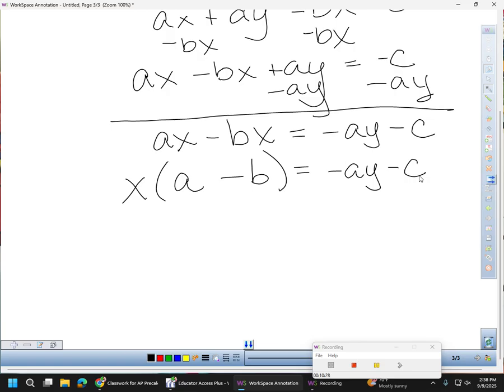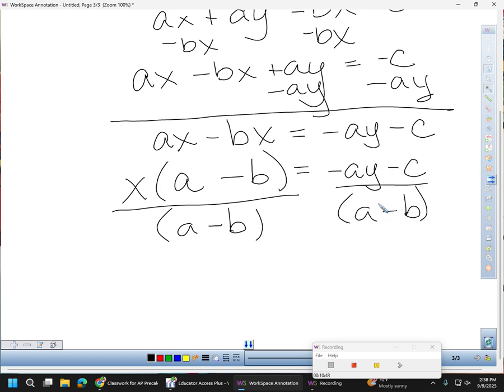And then the very last thing we always do is divide to solve. We're going to have to divide by a minus b, because that's what's multiplying x, right? So I get x equals negative ay minus c over a minus b.